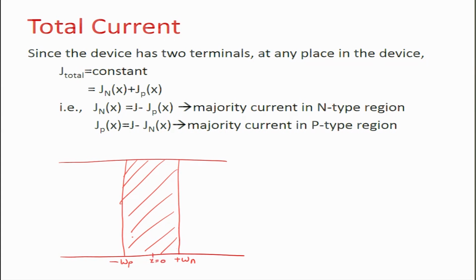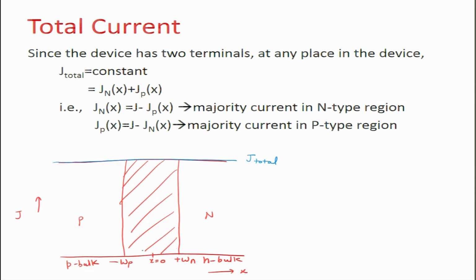If I plot J on this axis and the distance x on this axis, this is the p bulk region, this is the n bulk, and somewhere in between is the depletion region. So, if I change the color, I am saying that this is J total.